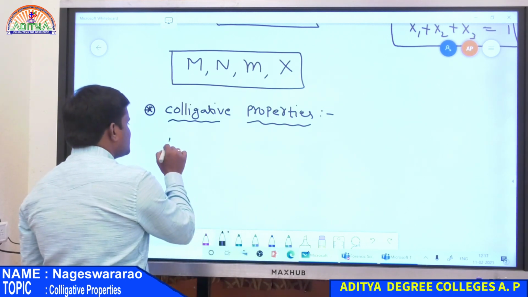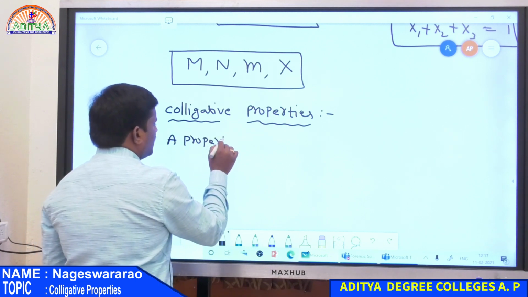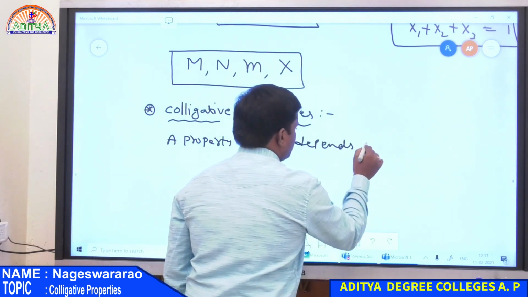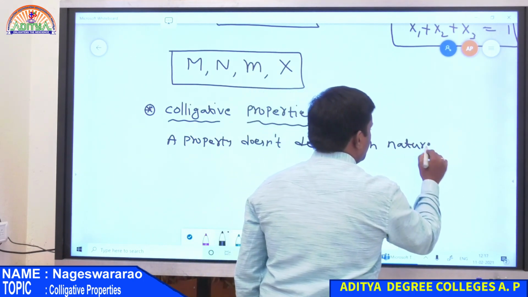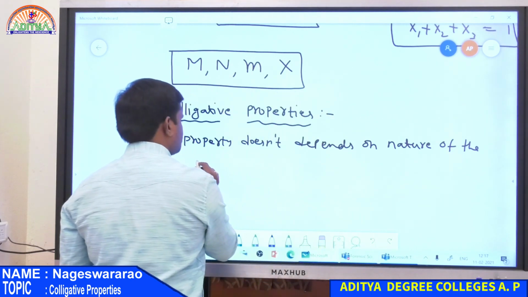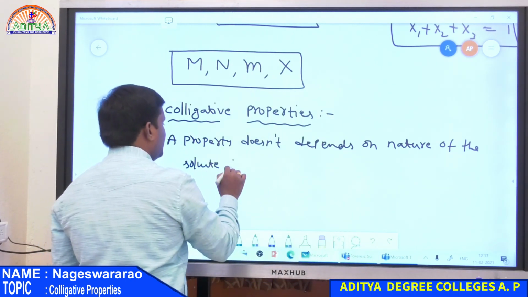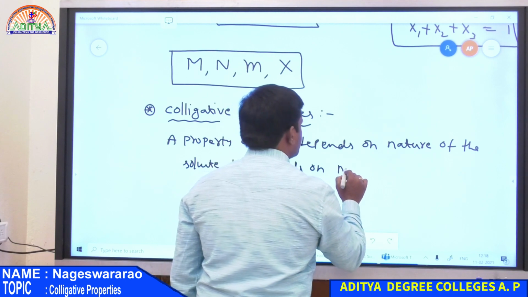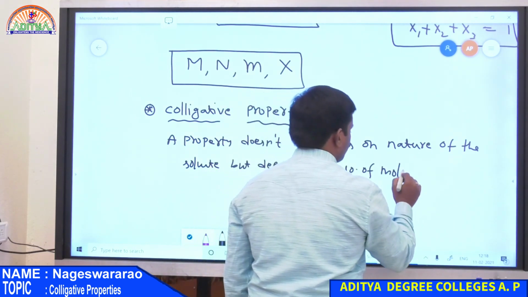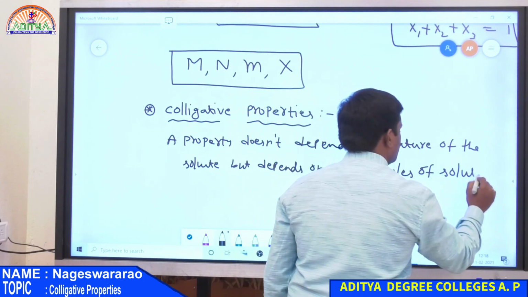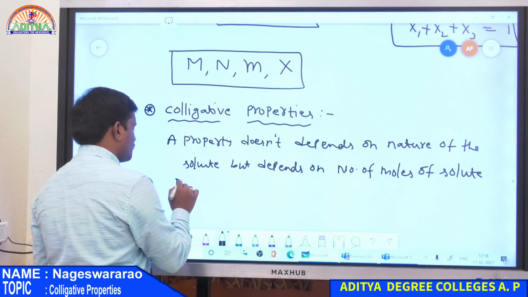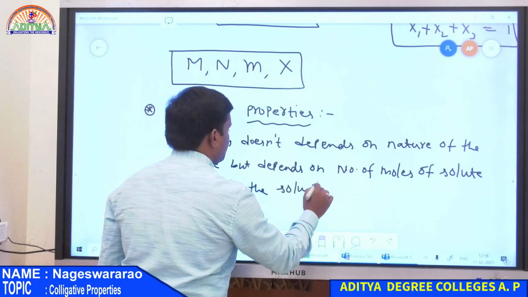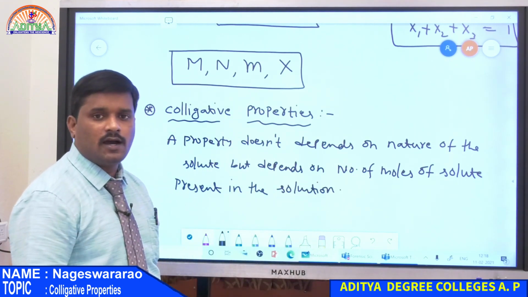A property which does not depend on the nature of the solute, but depends on the number of moles of solute present in the solution, then that property is known as a colligative property.